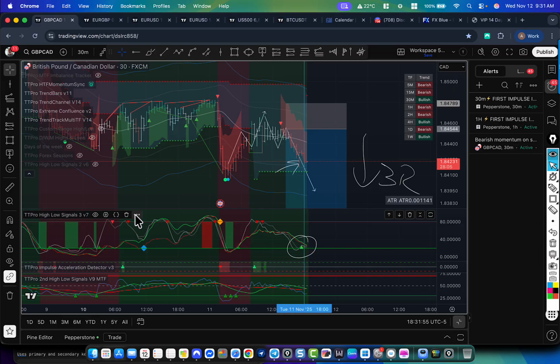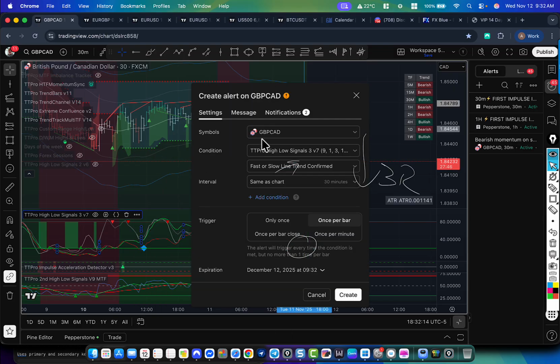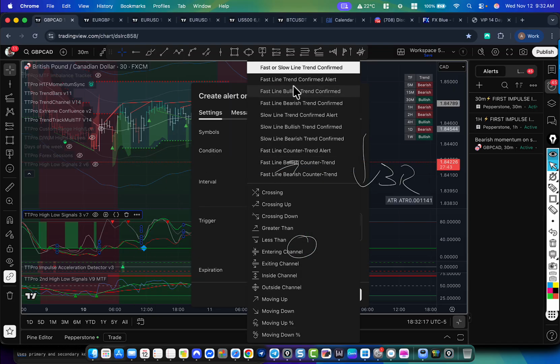Okay, so the second exit alert. Okay, so it's leaving the buys. It's leaving this zone down in here. All right, so just have a look at it. High-low signals 3. The exit will be fast line, bullish trend confirmed.